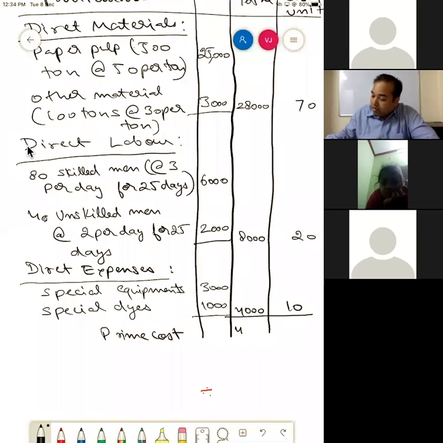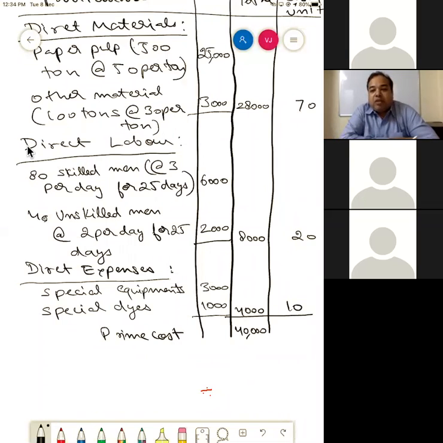So prime cost basically is all the direct expenses plus direct material plus direct labor. What is prime cost? Prime cost means the cost of material, cost of labor, and expenses. So prime cost includes all these three items. So here per unit cost would be 100.